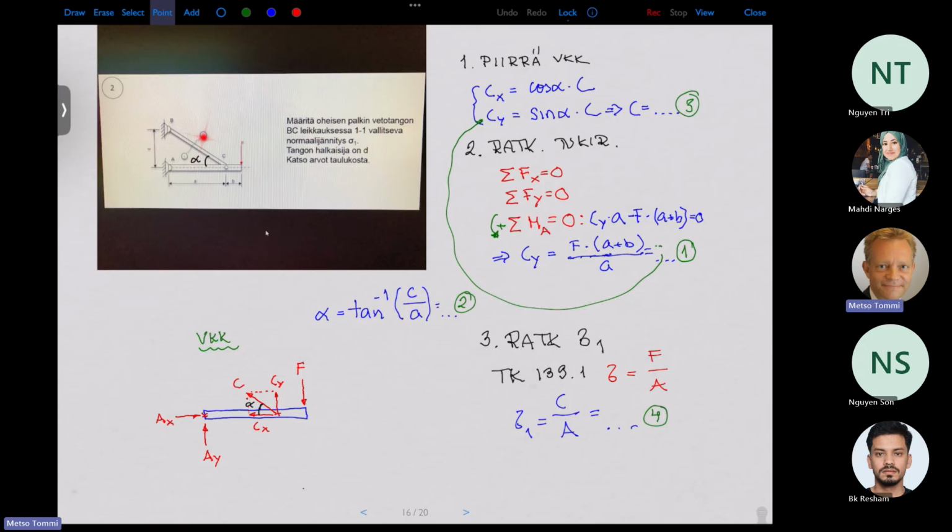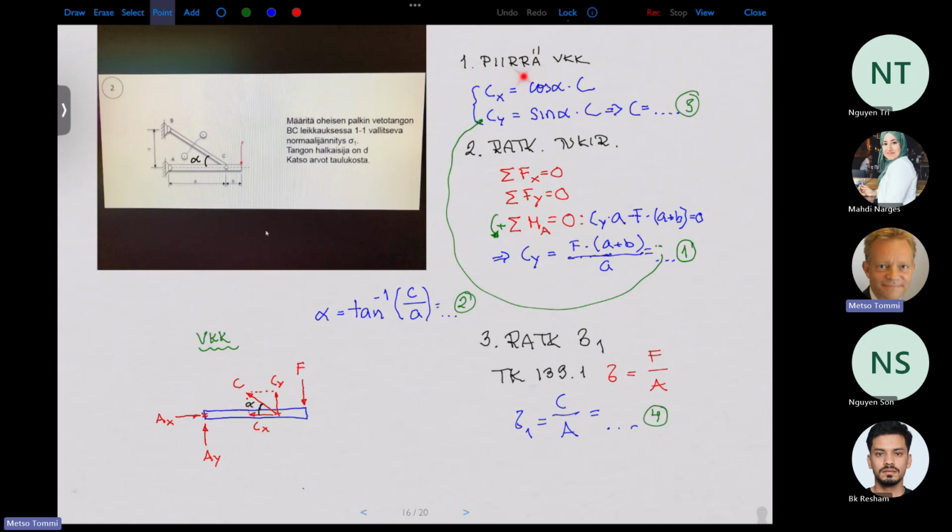And as I said earlier, you have already calculated this one, except the title 3, but these two you have calculated already with this object.